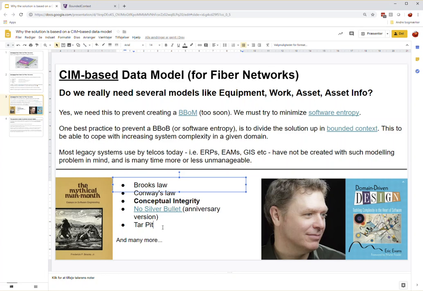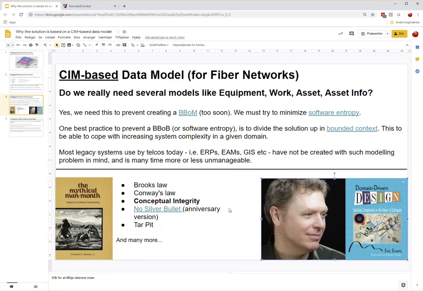Another book that is much newer is the domain-driven design book by Eric Evans. I think it's 10 or 15 years old, also known as the Blue Book. Again, I'm not saying you should read this book, maybe there are better books out there now, but he was the pioneer of the concept called domain-driven design.